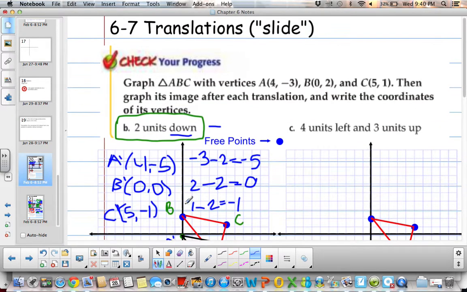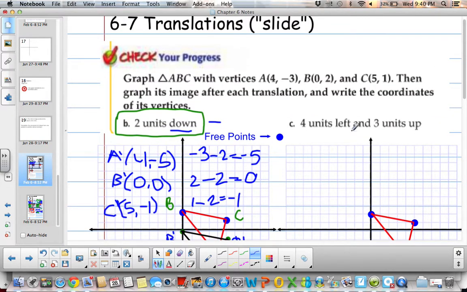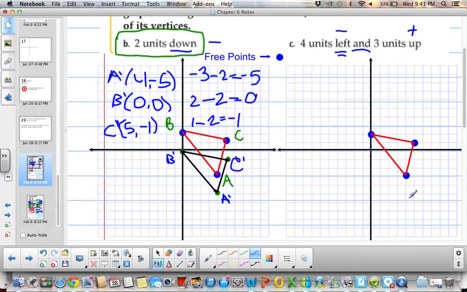Okay, let's do another example. This time we're going 4 units left and 3 units up. So we have left, which tells me we're going this way, so we're going in the negative direction. 3 units up, it's going this way, up, so that tells us that it's positive. So we're going to label this again, A, B, and C. And I'm going to take each point and go over 4 and then up 3. So 1, 2, 3, 4, 1, 2, 3. Okay?